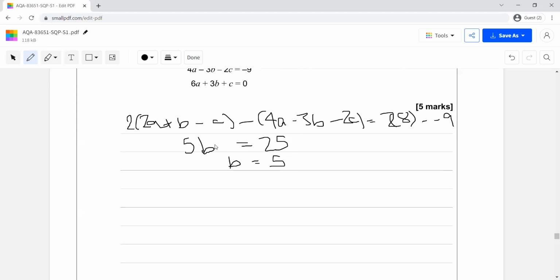Now we can also say that 2a plus 5 minus c is equal to 8.